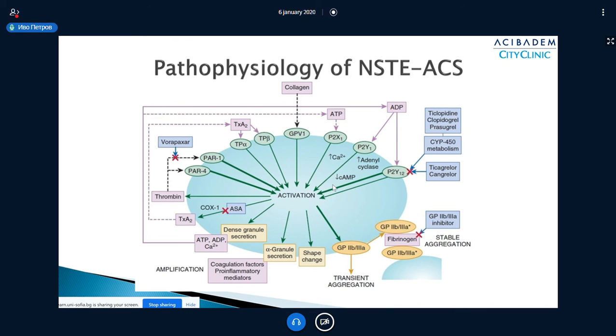That was in fact the old strategy to treat myocardial infarction, to put in systemic fibrinolytic in order to dissolve the thrombus.